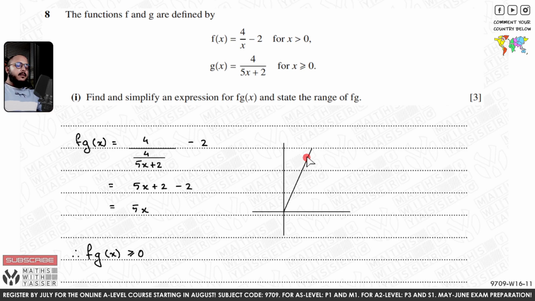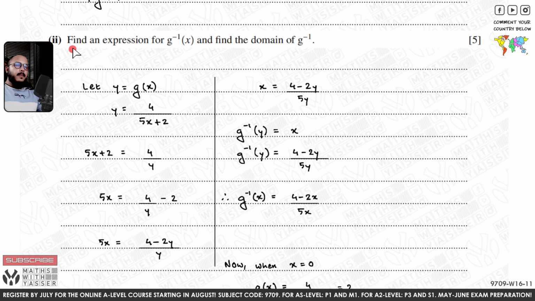And since x is greater than 0 for both the case, of course, that means the domain will start from here, and the range will be above. The positive y-axis is the range. So for the range, it will be fg(x) is greater or equal to 0.